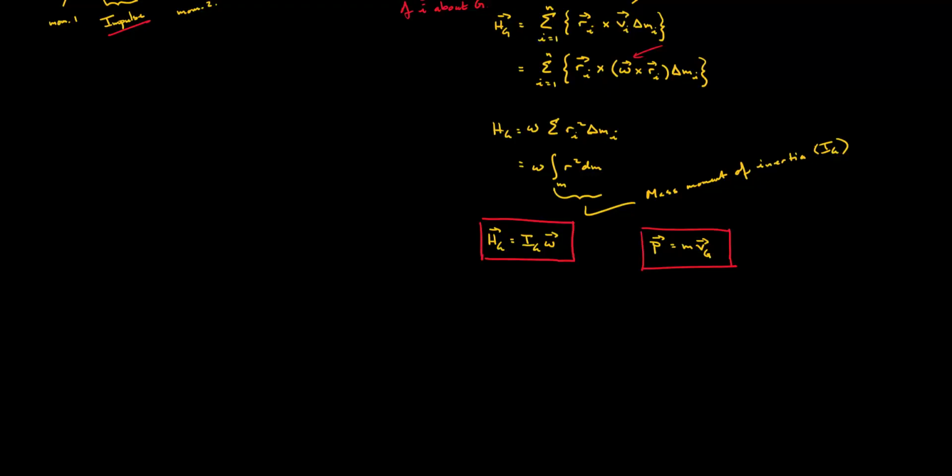So now, given that we've found that we have an additional form of momentum, which is the angular momentum, we have our principle of impulse and momentum for a rigid body.